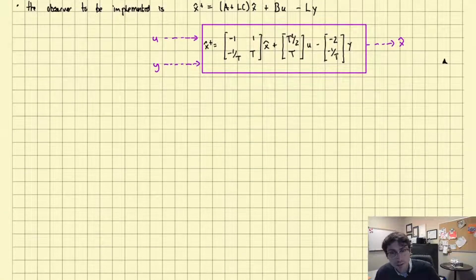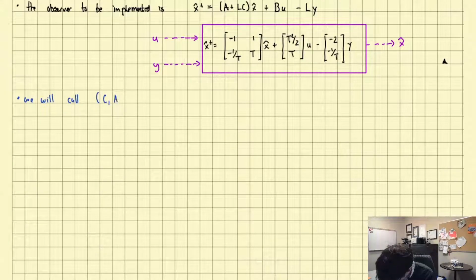A little bit of terminology, and that'll be we'll wrap up for today. So we're going to call the pair C, A observable when you can place the eigenvalues of A plus LC any way you want, i.e. if this transposed version is controllable.